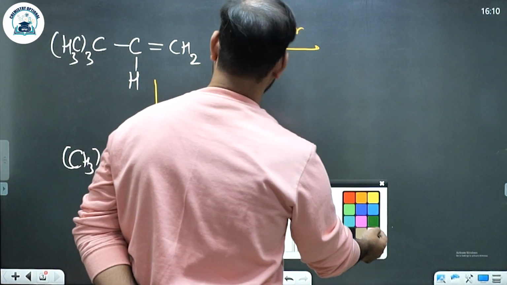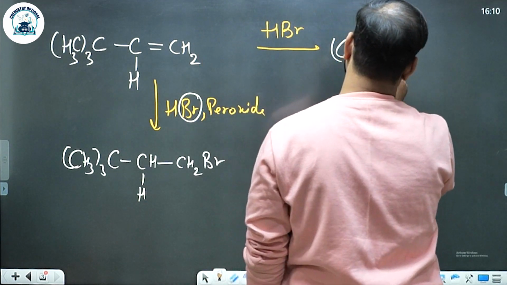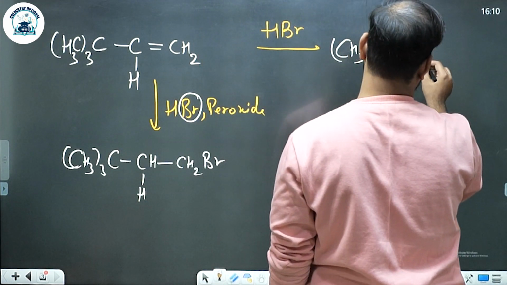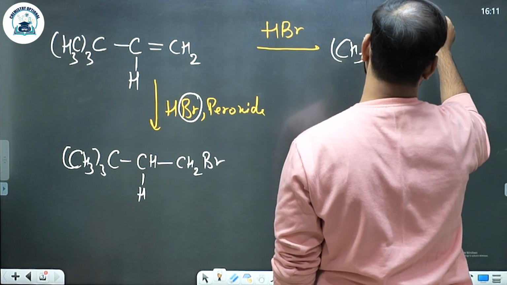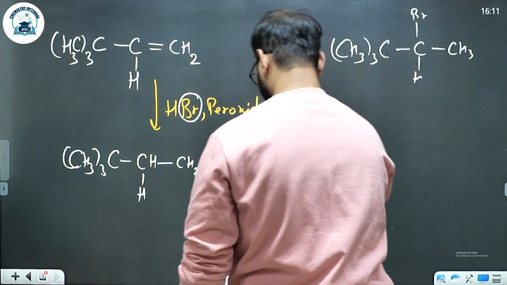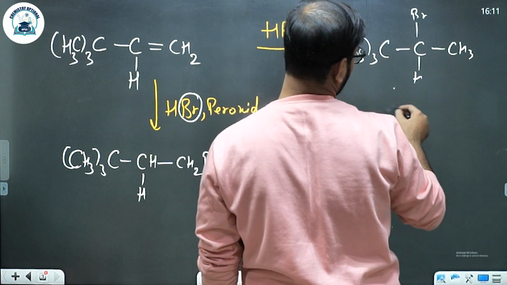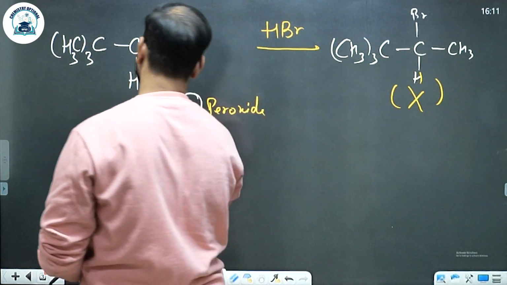But if you expect the product to be like this, (CH3)3C, C, H, Br and CH3, then this product does not form in this reaction as per Markovnikov's rule.